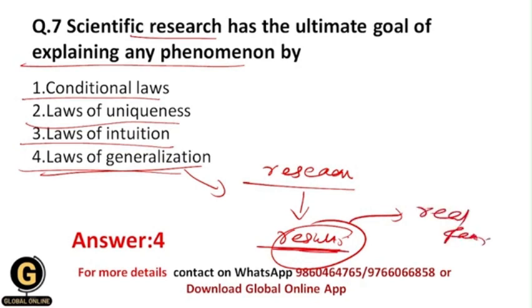Okay, and this is nothing but the law of generalization, because you are generalizing the results of the research to the real facts. And this is the most important thing, and that's why scientific research has the ultimate goal to explain any kind of phenomenon by these laws of generalization. Are all of you getting it?